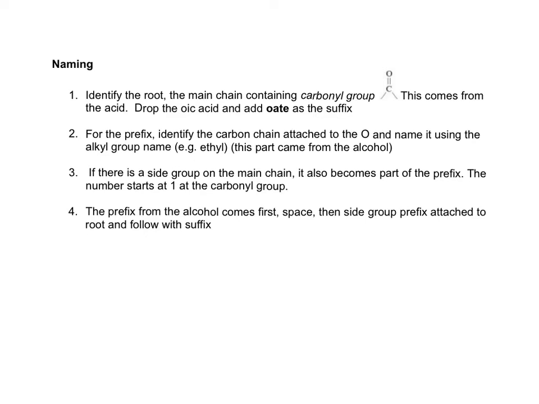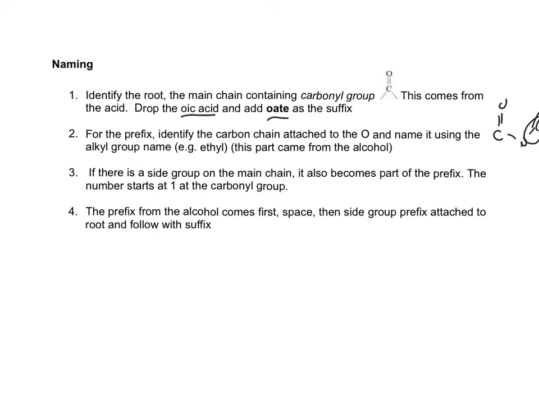This is the main chain that contains the carbonyl group, and this will come from the acid portion. Except we're going to drop the oic acid part of the name and add oate to the end as the suffix. For the prefix, we're going to identify the carbon chain that's attached to the O. So we're going to figure out what the carbon chain length is, and that is going to be named using the alkyl group.